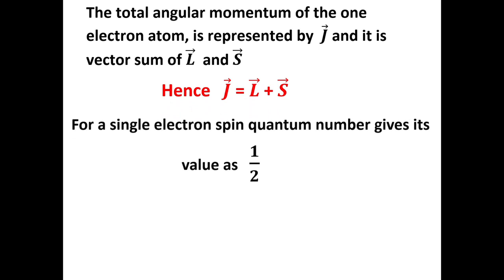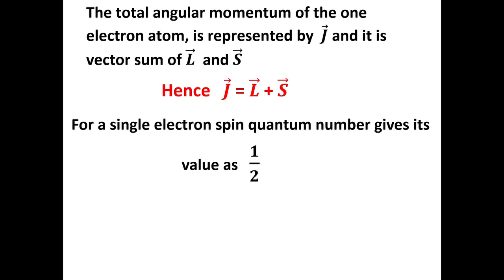The capital J, which is actually coming from the angular momentum Pj, will be the sum of L and S vector. For a single electron, the spin quantum number is given as half. This value can be shown as half if we discuss the famous experiment of Stern and Gerlach. Later on, we will discuss that.